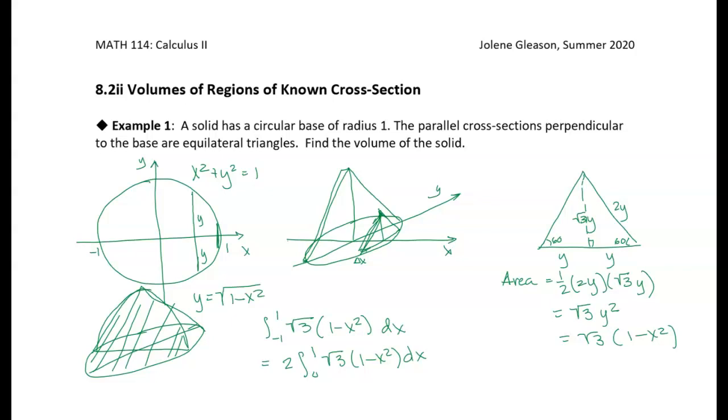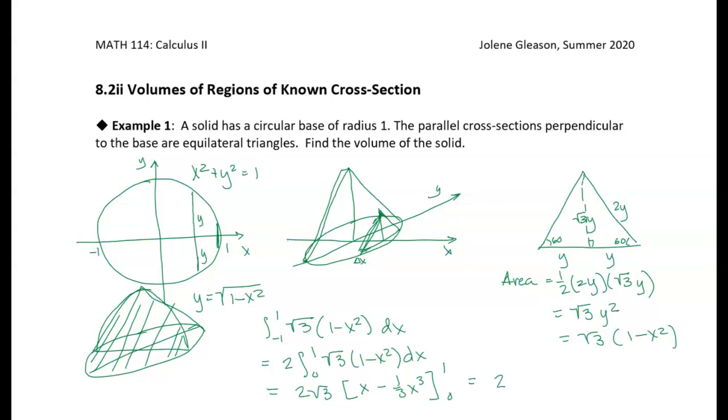All right. So now we just need to do this integral. So what do I get? I'm going to get 2 square root 3 if I pull the square root of 3 out, and then when I integrate 1, I get x, and I integrate x squared, I'm going to get 1/3 x cubed. I'm going to evaluate that now from 0 to 1.